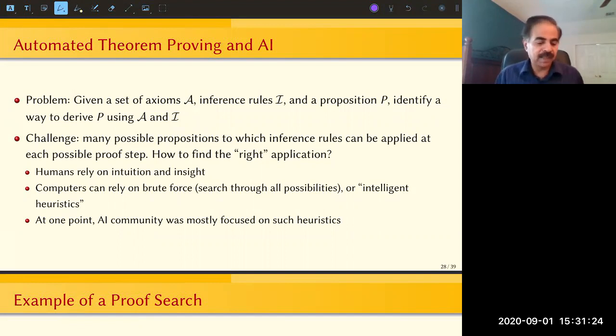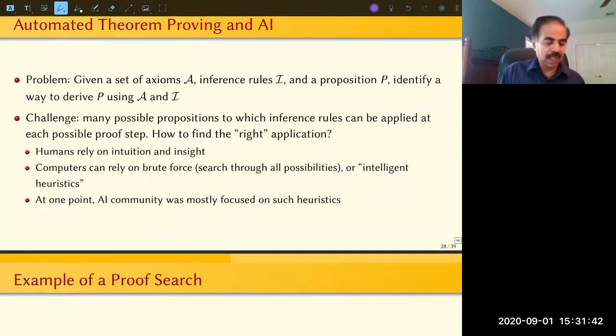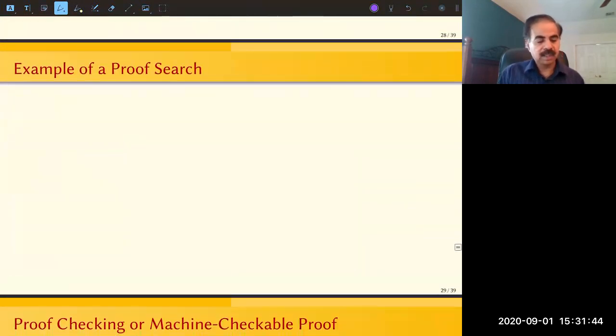People believed that complex results could be proved quickly because there is a mechanical way to prove things. But then, people realized that the space of possible proofs is so large that you're not going to make progress easily.